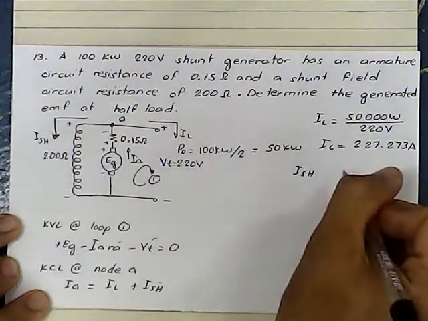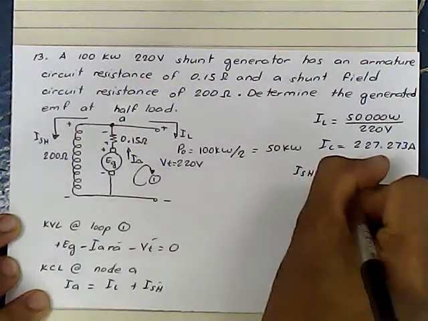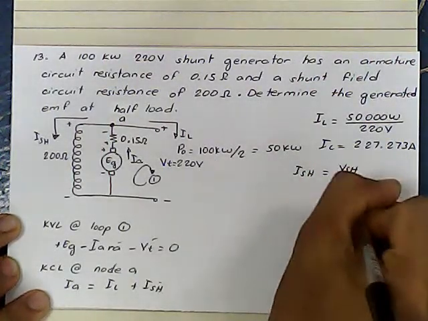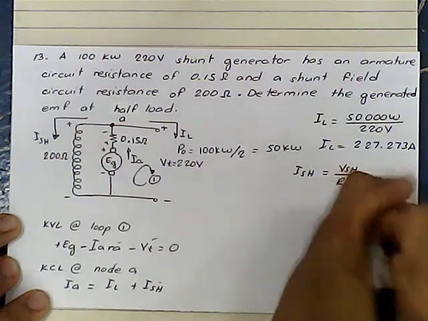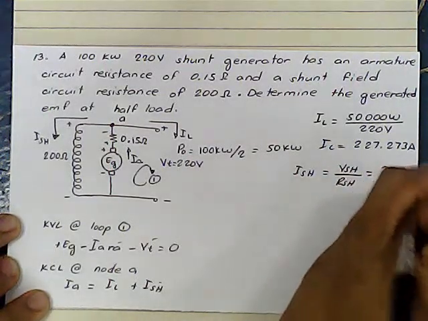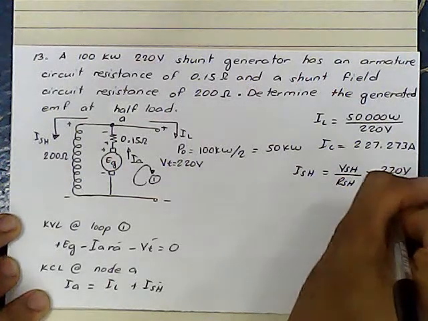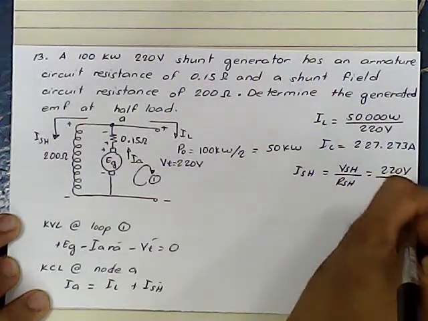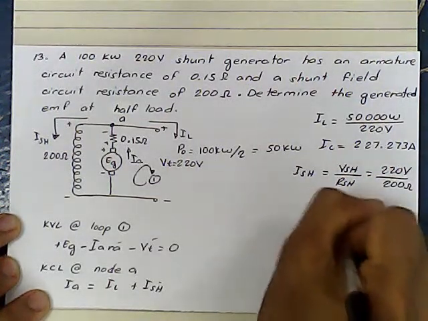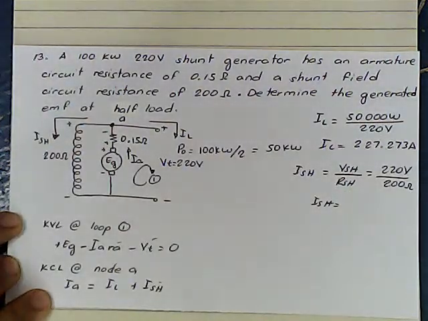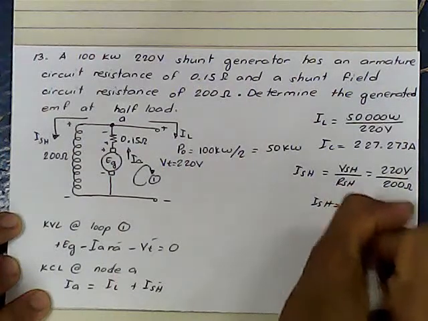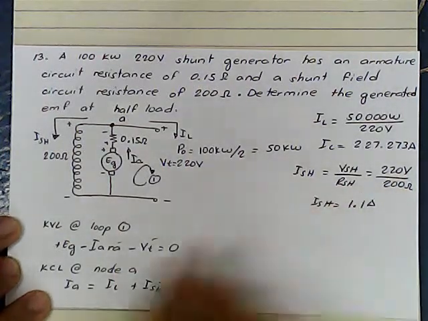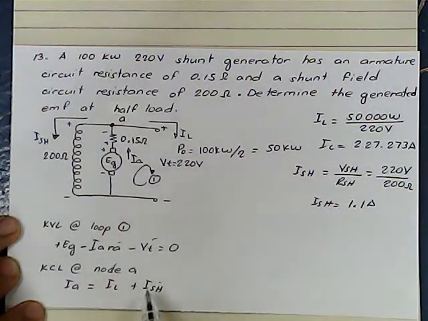Now the ISH. Again, we have VSH all over RSH. We have 220 volts divided by 200 ohms. Still, our current here is 1.1 amperes. Therefore, let's substitute IL and ISH here.